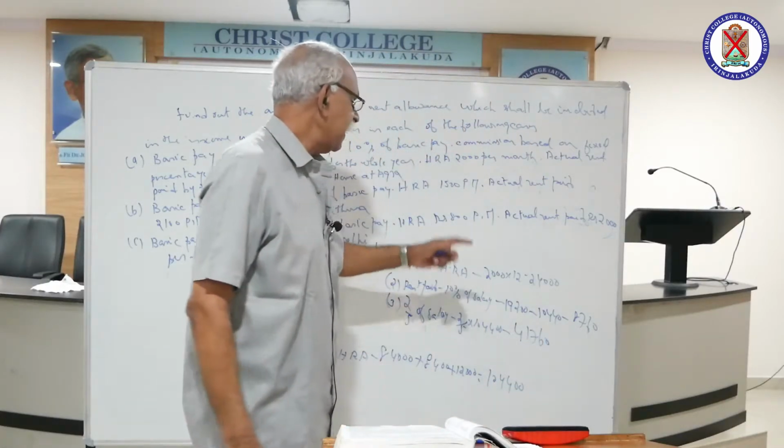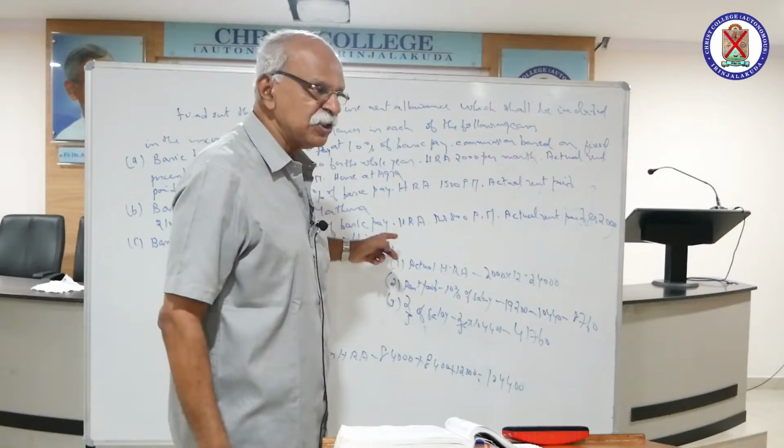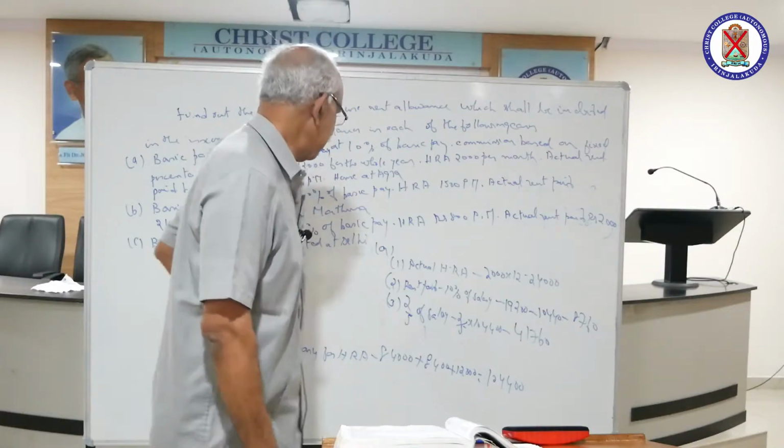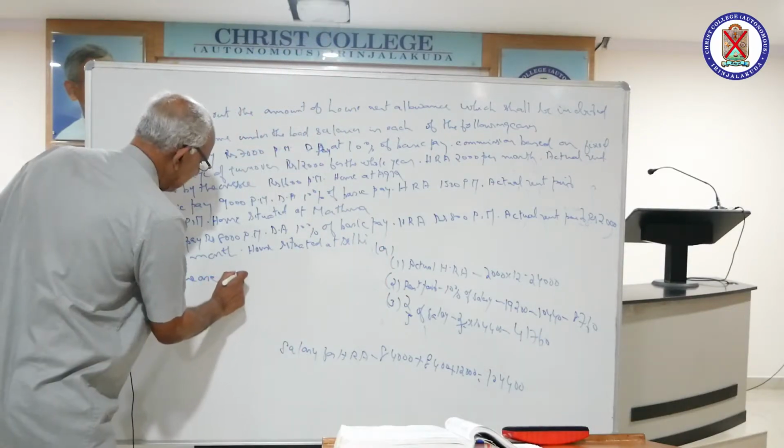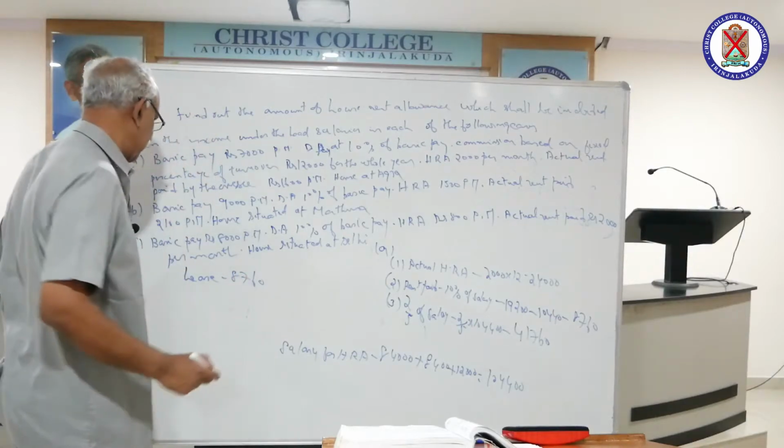Which is the least one? 8,760. Least of the three, the least is the second one, 8,760.